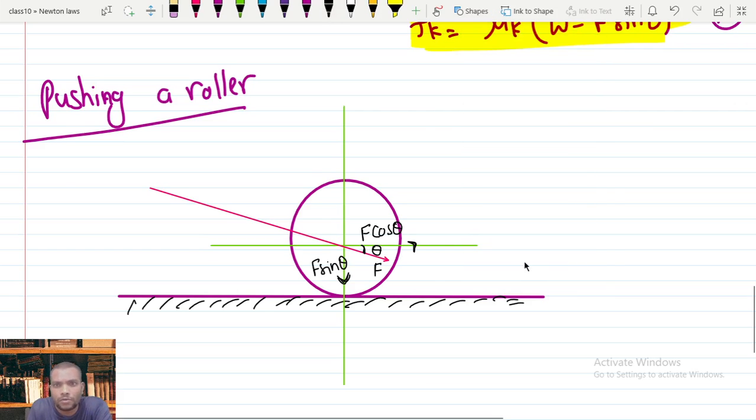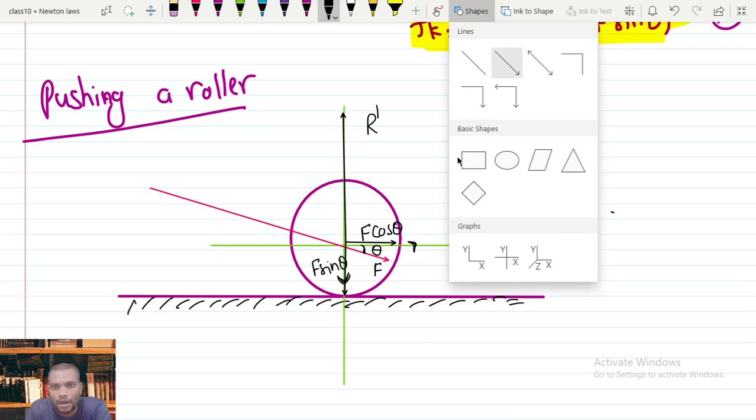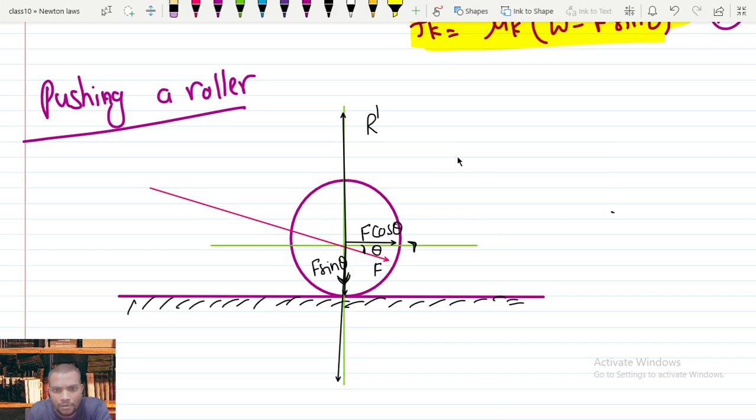And the normal reaction force always acts perpendicular to the surface. In this case I take the normal reaction force as R dash to get the difference. We have one more downward force, the weight.